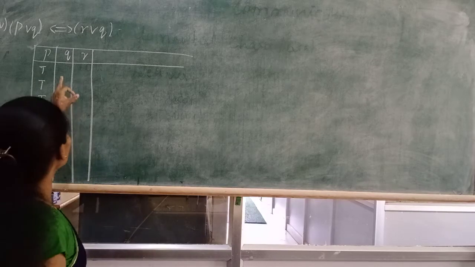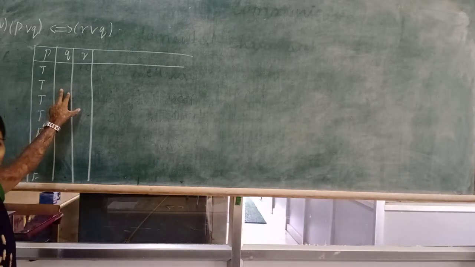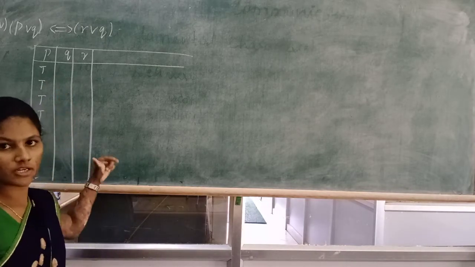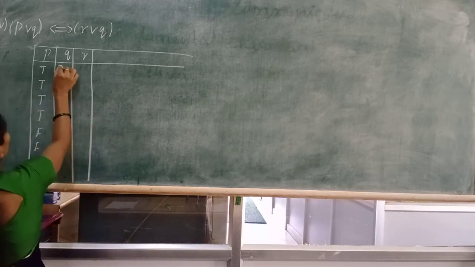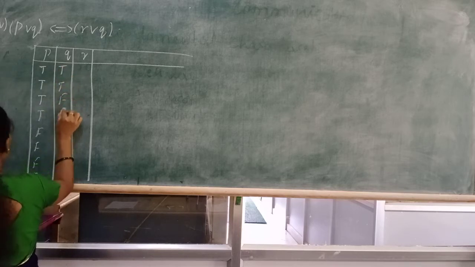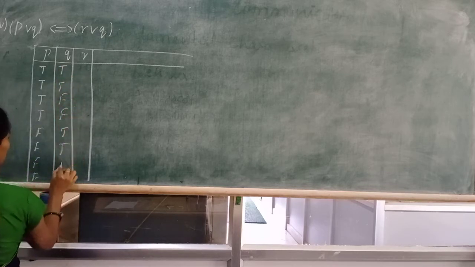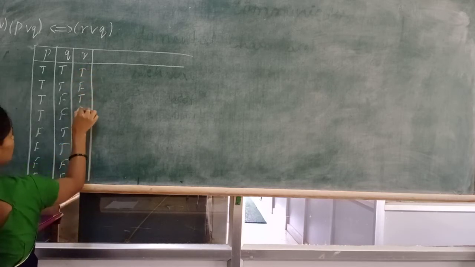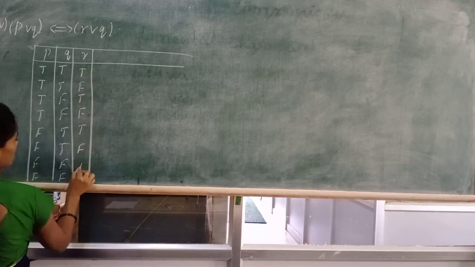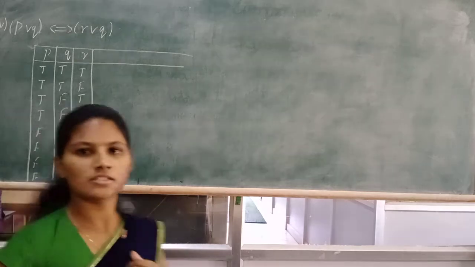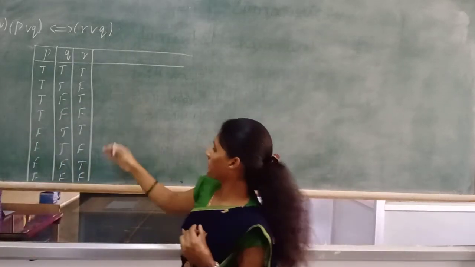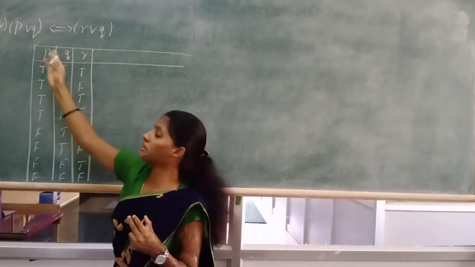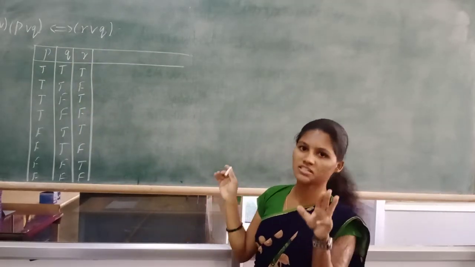Then for the Q statement, two true and two false, repeated: truth, truth, false, false, truth, truth, false, false. Next, alternate: truth, false, truth, false, truth, false, truth, false. This is the writing system when three propositions are given.